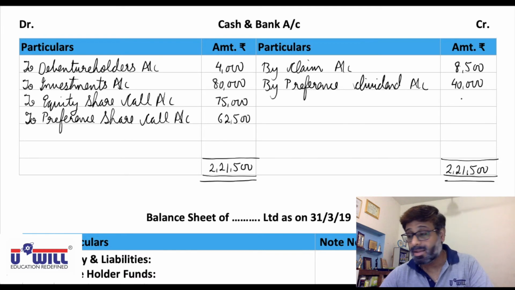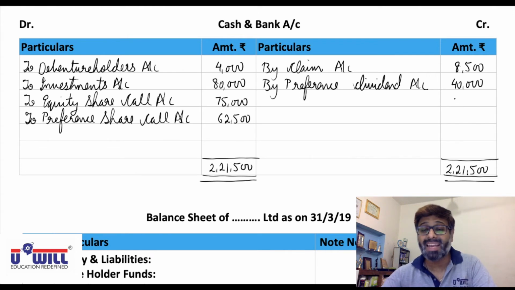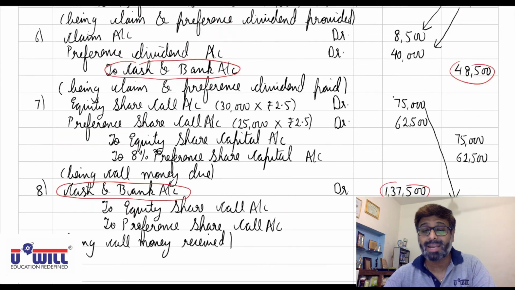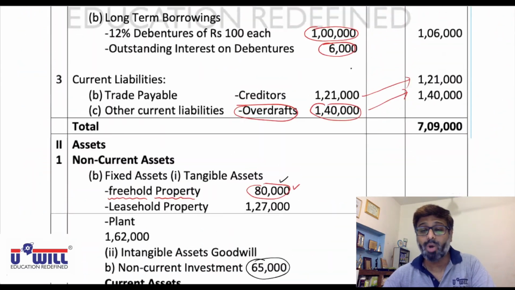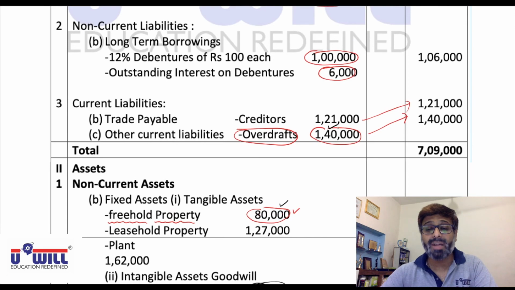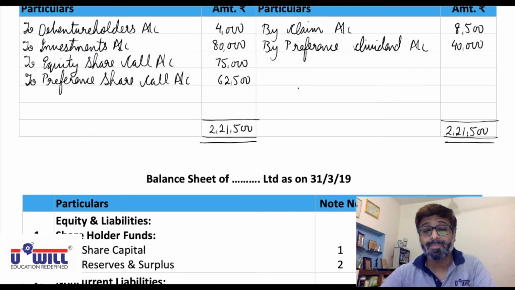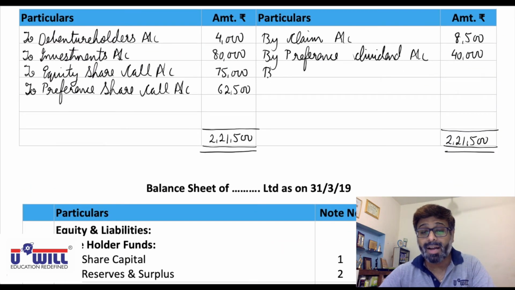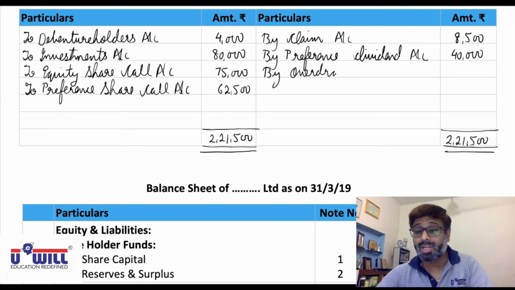Okay, 221,500 minus 48,500 means if you subtract 50,000, 1,71,500 plus 1,500, you have 1,73,000 with you. Whereas we are supposed to pay a bank overdraft of only 1,40,000. Okay, you all can see here 1,40,000. We have more balance. So entire bank overdraft of 1,40,000 we will pay by overdraft account 1,40,000.